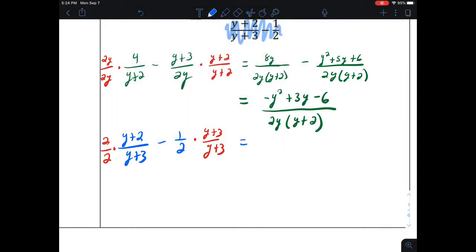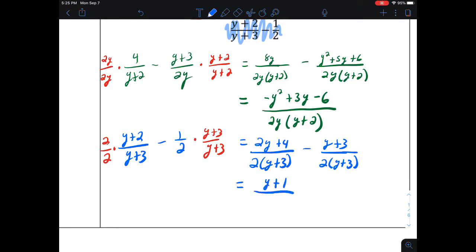So we'd have 2y plus 4 over 2 times y plus 3 minus y plus 3 over 2 times y plus 3, which is going to give us, when we put all that together, y plus 1 over 2 times y plus 3.